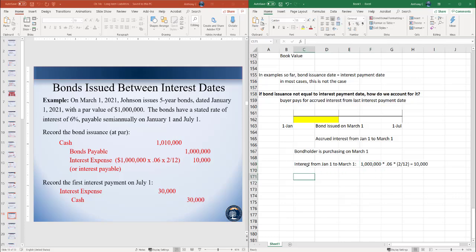Okay, so this means the bondholder will not only pay the issuance price, but this accrued interest. So the amount of cash we're paying for these bonds, with the par value. So in this case, we'll just assume the bonds are issued at par.